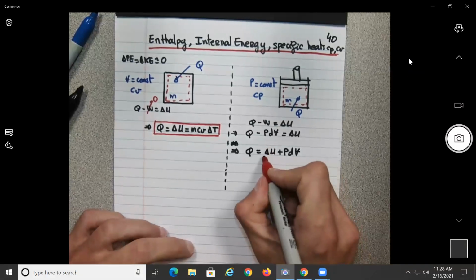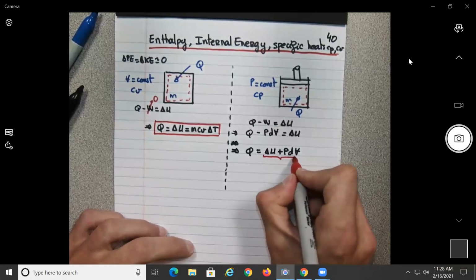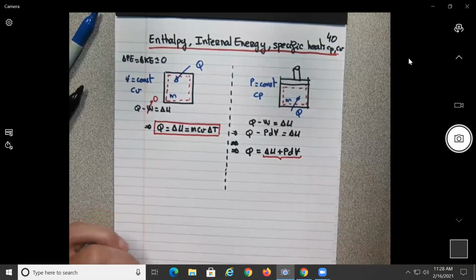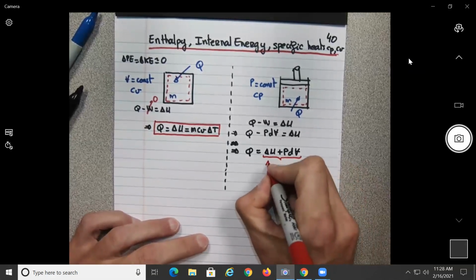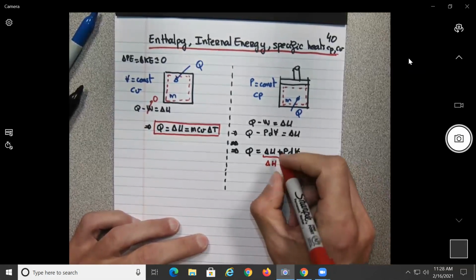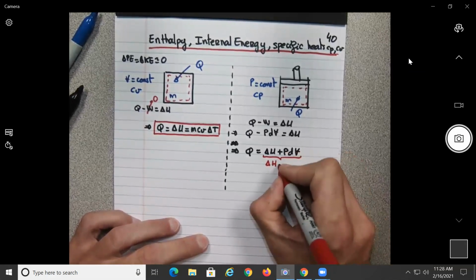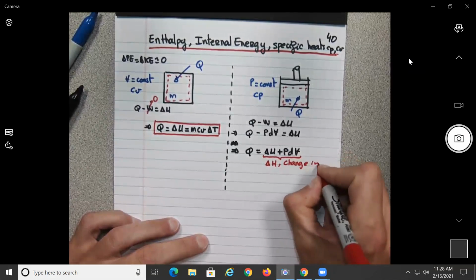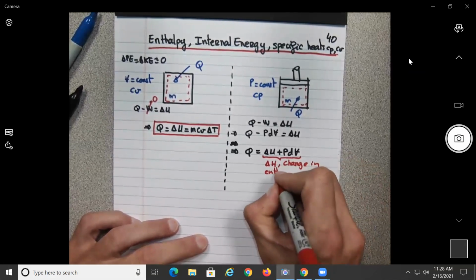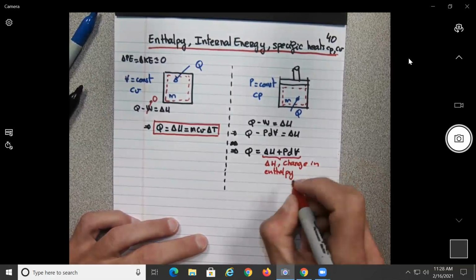Okay, and this is what is new. This quantity here is called delta H, okay, which is the change in enthalpy. I will give some more detail on there, okay?